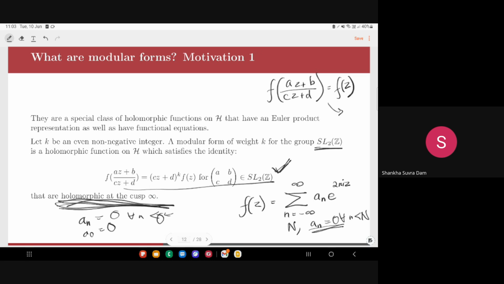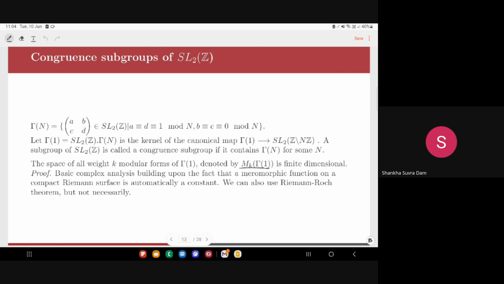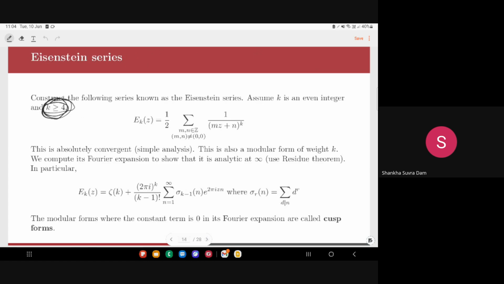Any meromorphic function on a compact Riemann surface having no poles is automatically constant. So for 0 and 2, actually, we don't have any non-trivial element of Mk(Gamma 1). Right. So for k greater than or equal to 2, we consider this a weird sum, but okay.